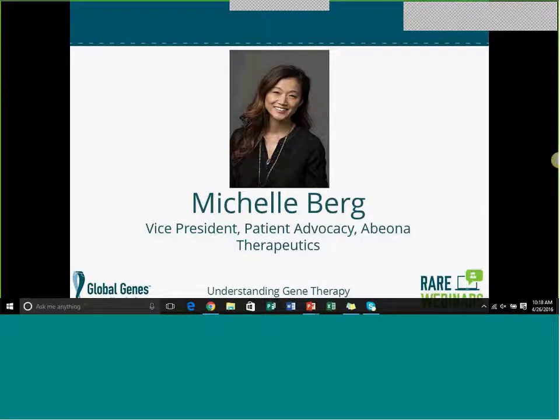Other things that are advancing further through the clinic: Bluebird Bio has a lentivirus in development for another rare disease, cerebral adrenoleukodystrophy, and that's currently in a pivotal clinical trial, a phase 2/3 clinical trial, and they're starting to release some data around that, so that's very exciting.